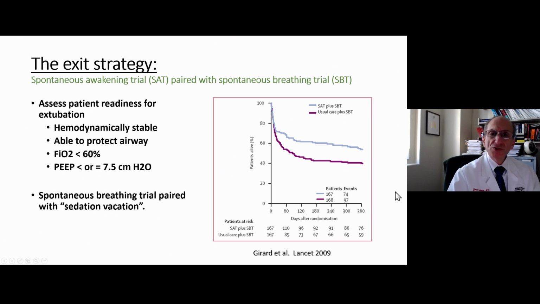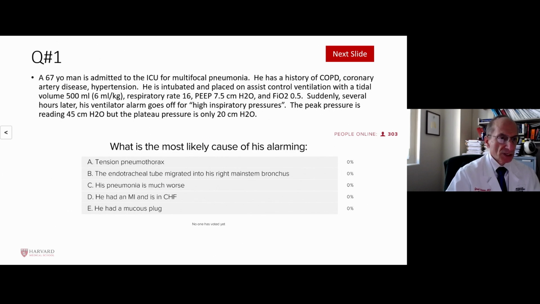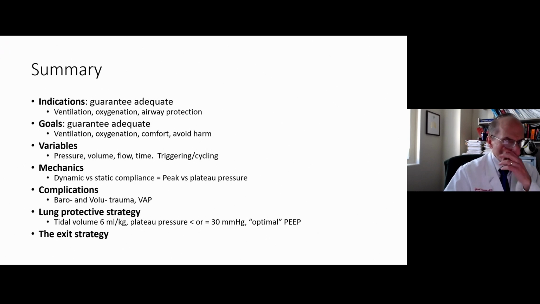And then for those patients who are on continuous sedation, we will pause their sedatives and allow them to wake up, hence spontaneous awakening. When those two things are paired, it has really been shown to improve outcomes, and that has become the standard of care.